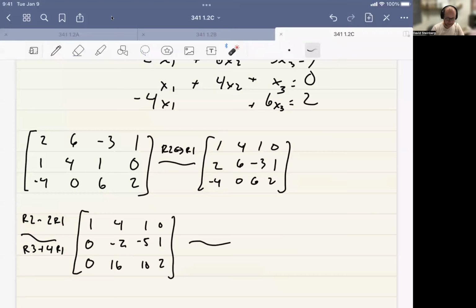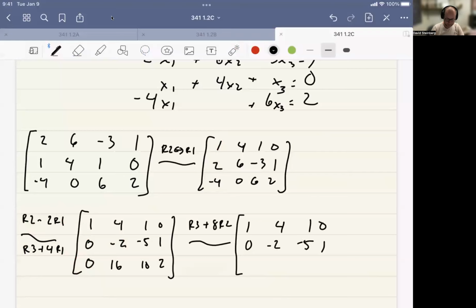Okay, so we've eliminated the terms below our 1, and we should take this next term to be our next leading term. Okay, so then we can get rid of row 3 by adding what? We want 8 row 2. Make sure that checks out. Row 2 won't change at all.